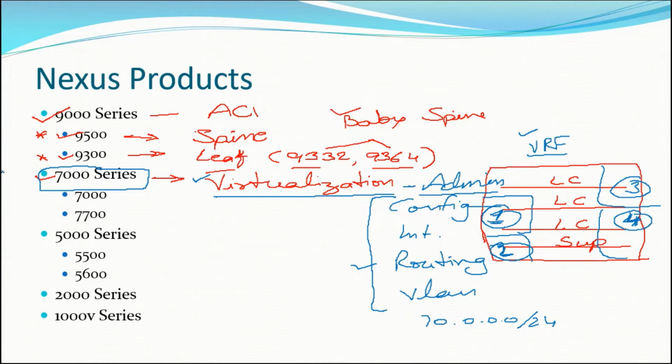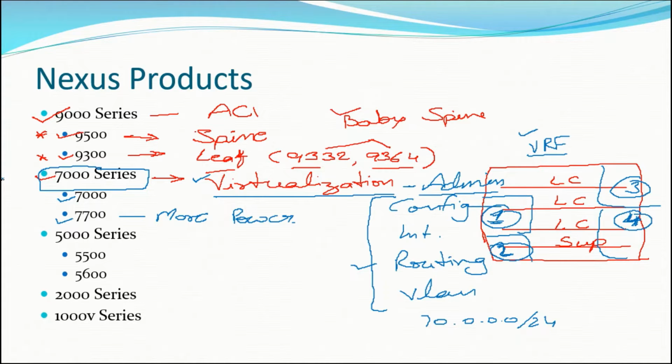This 7000 series has two variants. One, which was initially launched, is the 7000 series. After launching it, they launched another series called the 7700 series, which is more powerful than the 7000 series. How is it more powerful?